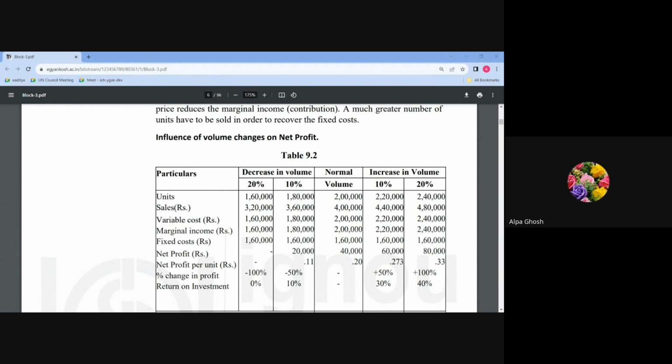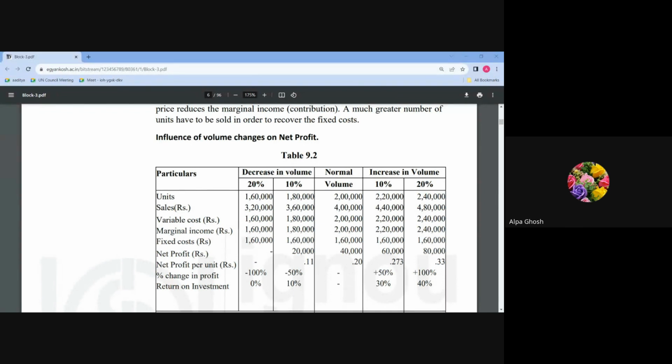Now, what we need to find out? Variable cost. If you remember, variable cost changes with the change in the unit. Again, I repeat, variable cost fluctuates, changes with the change in the unit.